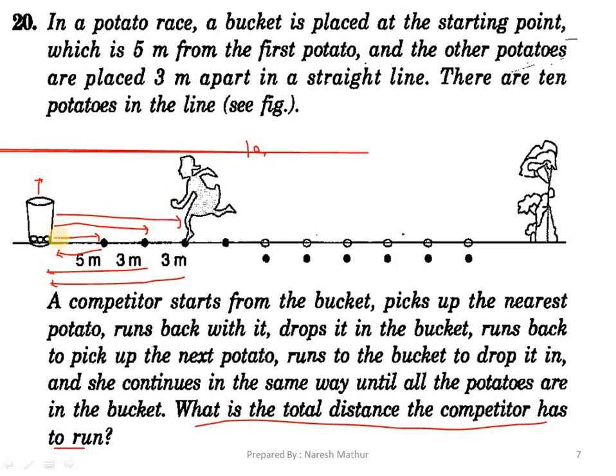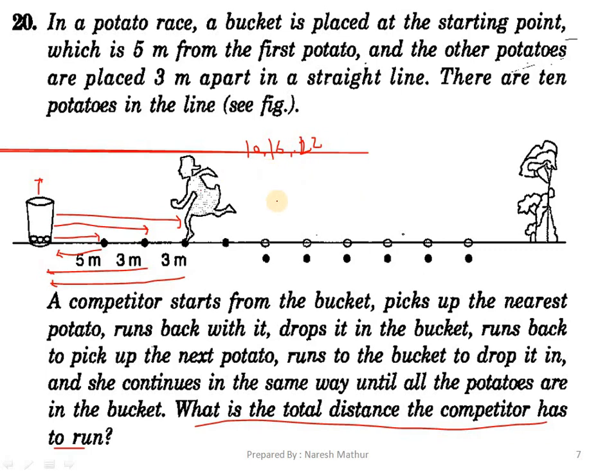In the second condition, 5 plus 3 is 8 meters she went and came back, so 8 plus 8 is 16. In the next one, 8 plus 3 is 11, and 11 twice is 22. Now see the pattern. This pattern is making an AP because the difference is equal.